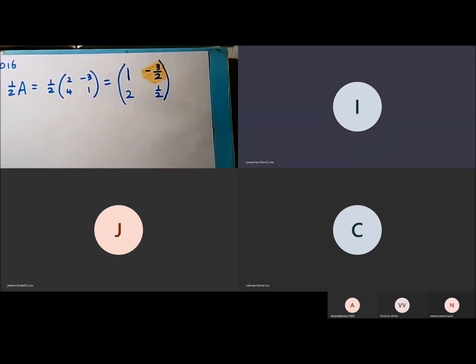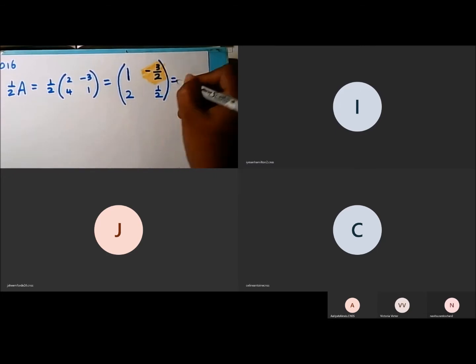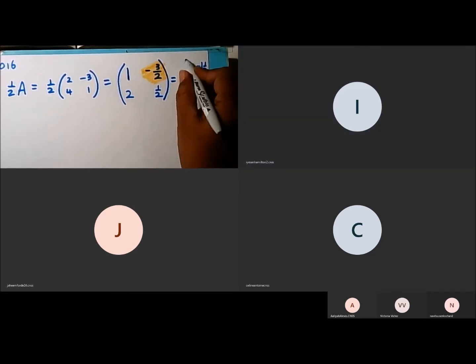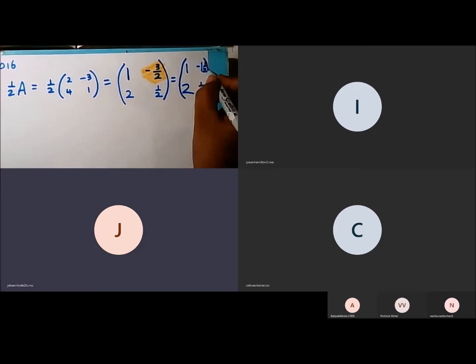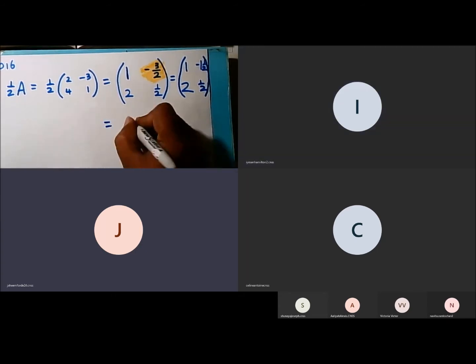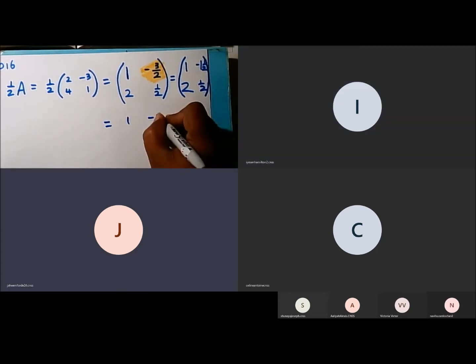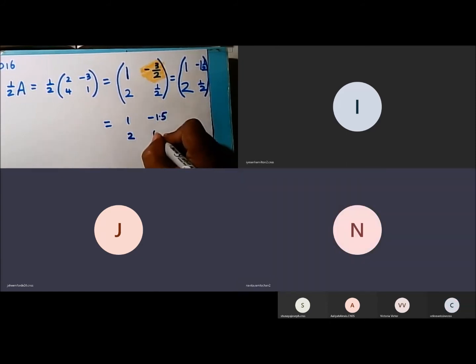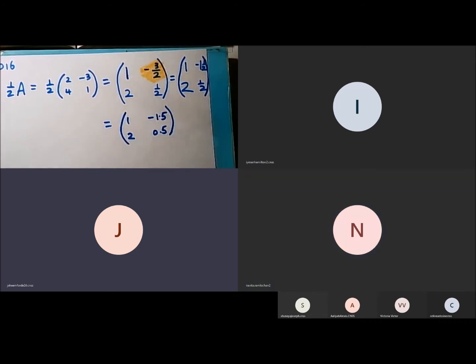So you could also write it as 1, minus 1.5, 2, 0.5. You could have written it like that if you wanted. So I put mine as a decimal, sir. Right, and that also could work. You could have had 1, minus 1.5. I have the same one for that, a decimal. So all this is acceptable answers, right?